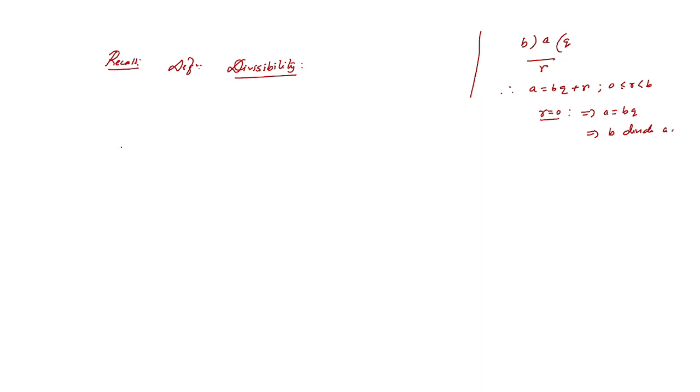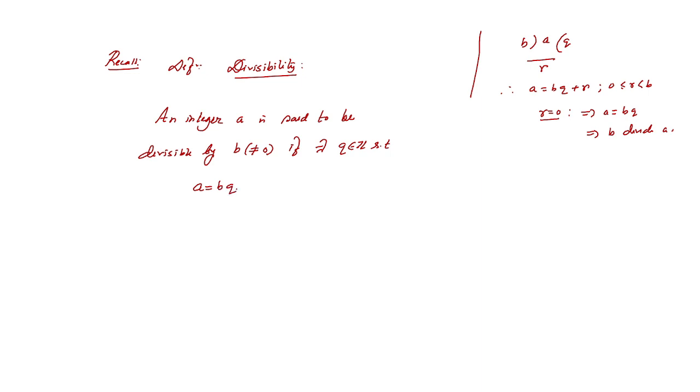An integer a is said to be divisible by another integer b, where b is non-zero, if there exists q belonging to Z such that a = bq.